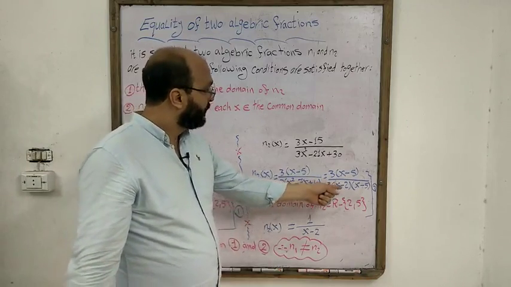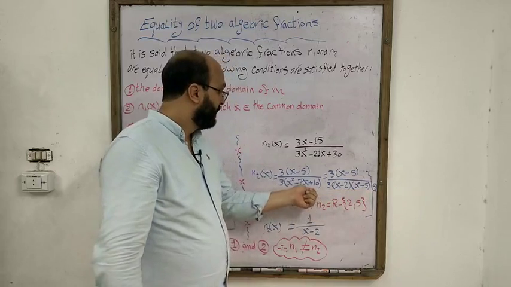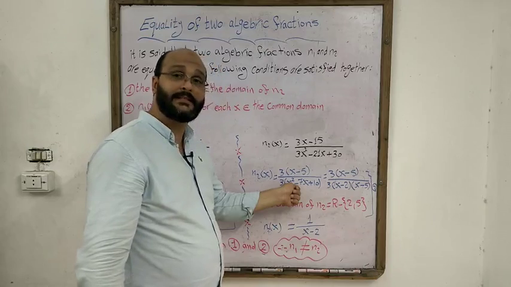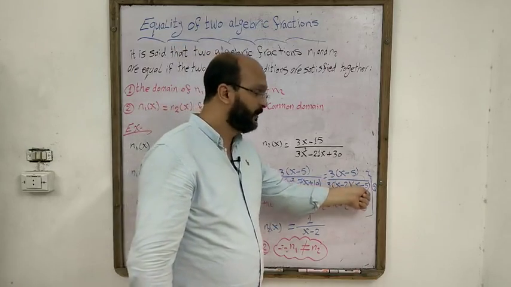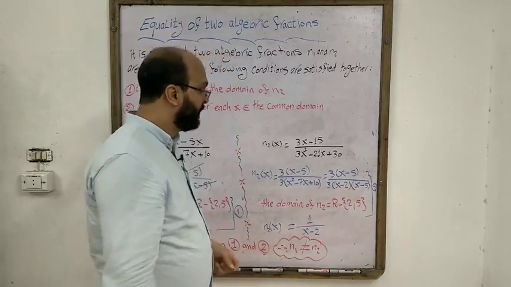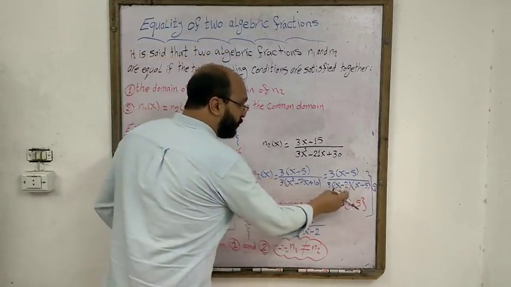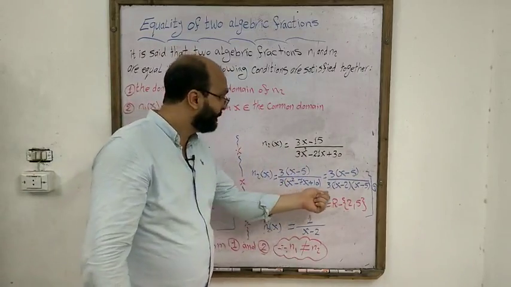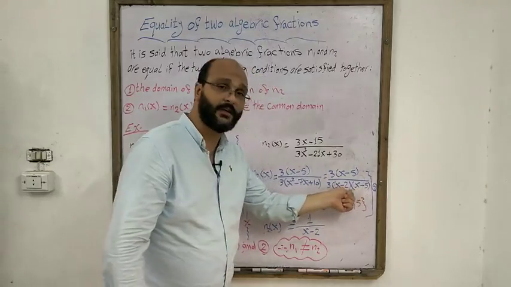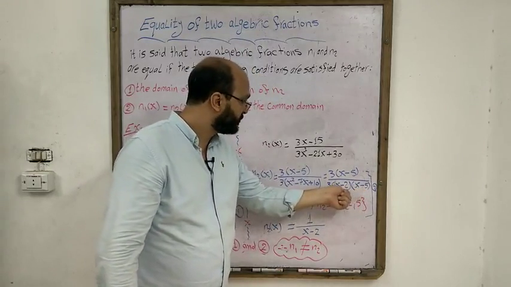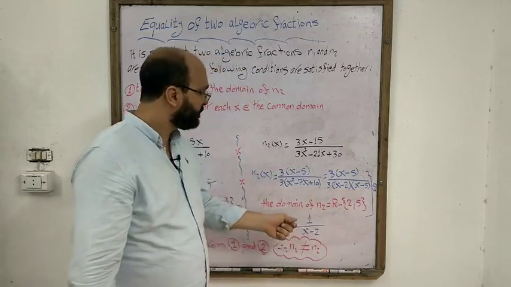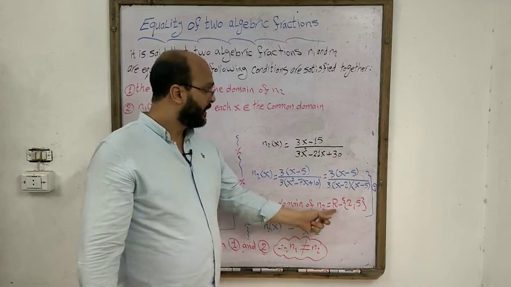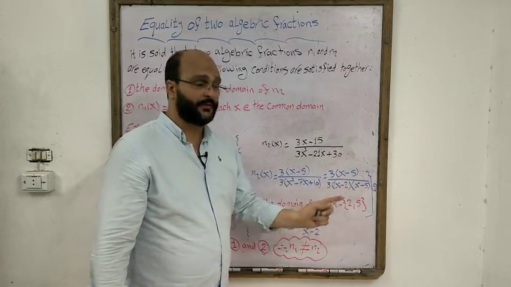Then we write 2 and 5, taking the middle sign in both brackets. Let's find the domain of n2: all R except the zeros of the denominator, which are 2 and 5. So the domain of n2 equals R difference 2 and 5.